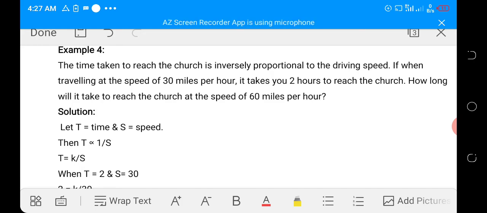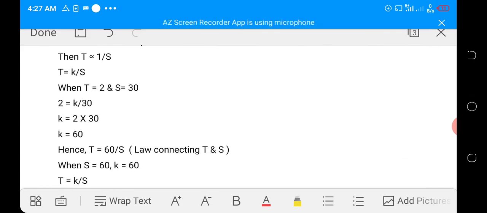Then, it takes 2 hours at a speed of 30 miles per hour. It means that when T is equal to 2, S is equal to 30. Substituting for T and S, we have 2 is equal to k over 30. Making k the subject of the formula here, we have k is equal to 2 times 30 to give us 60.